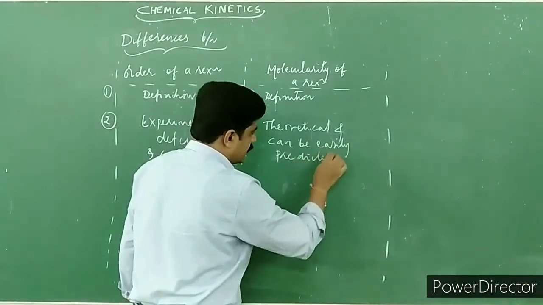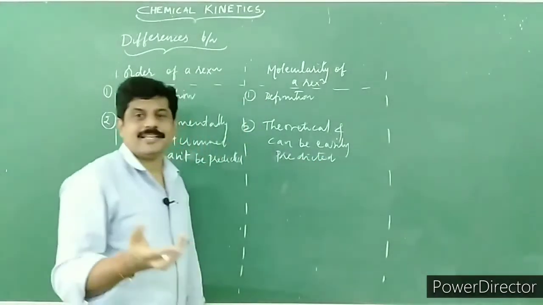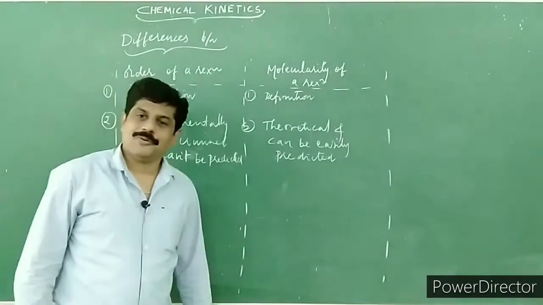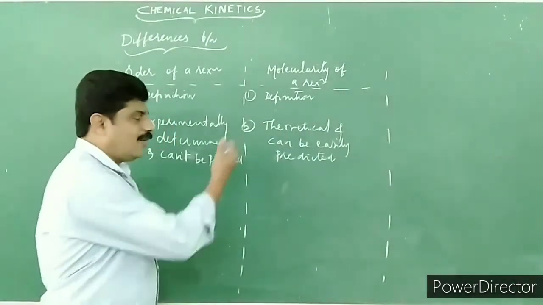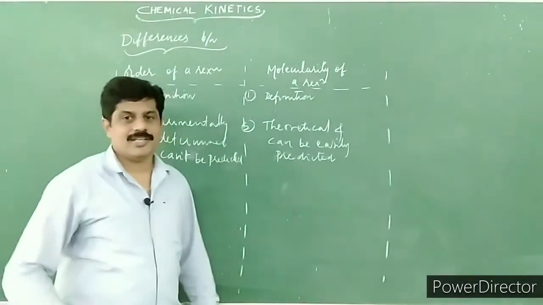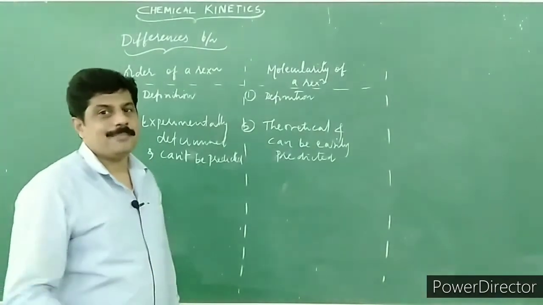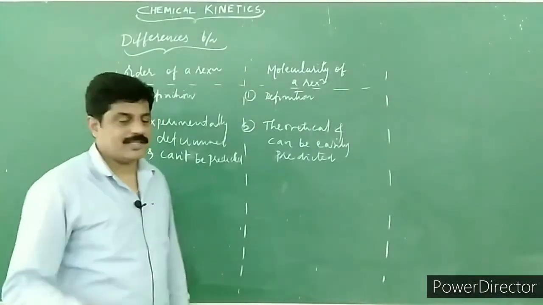How? Just count how many reacting molecules are there in a balanced chemical equation. You can easily find out how many molecules are colliding with each other. That gives you the molecularity of a reaction. Children, hope you understand that.